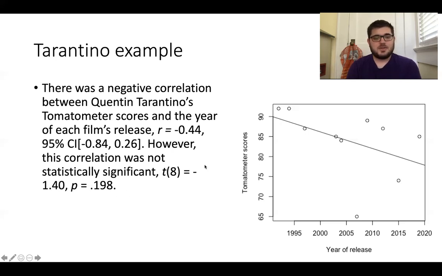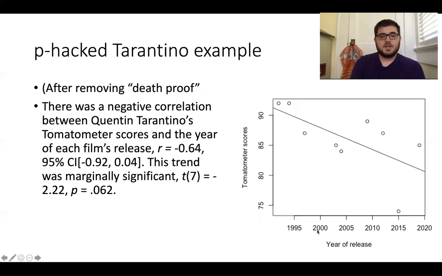Therefore, we cannot reject the null hypothesis. That means we cannot conclude that Quentin Tarantino's movies are getting worse over time or better over time. This is a two-tailed test. We have to retain the null hypothesis. The null hypothesis is that there's no correlation between tomato meter scores and year of release.